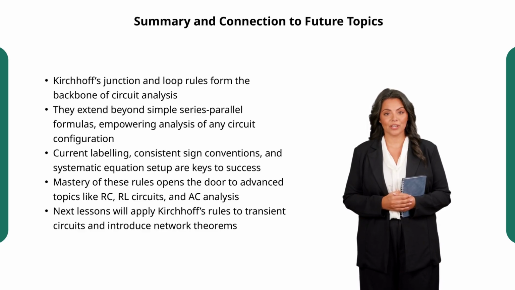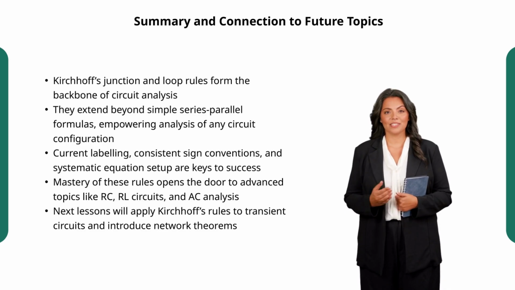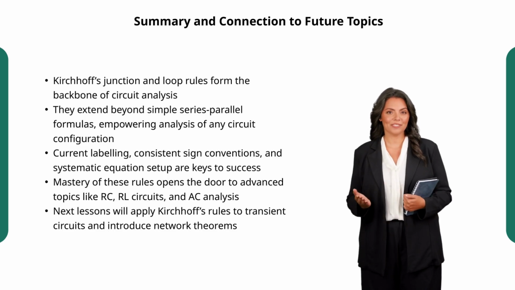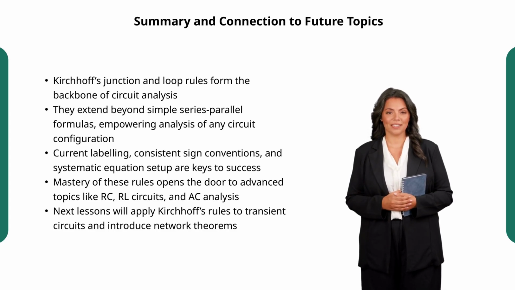Applying these rules to circuits, including complex resistor networks and multi-loop configurations, showed how we can systematically determine currents and voltages even in challenging setups. We also addressed common misconceptions, ensuring you feel confident in applying these rules correctly.